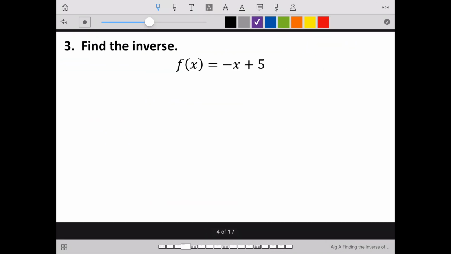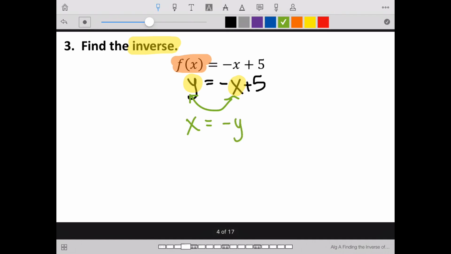One last example. Remember, this f of x is the same as a y. Now to find the inverse, I'm going to take x and y and switch them. So I'm going to put the x here and the y here.